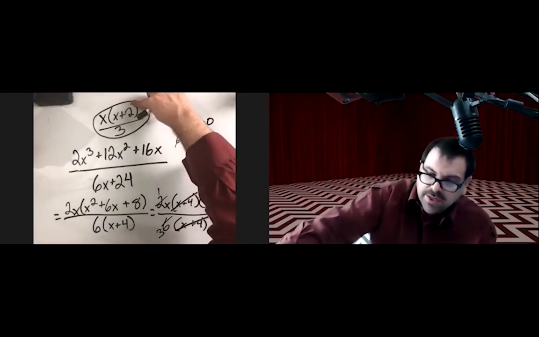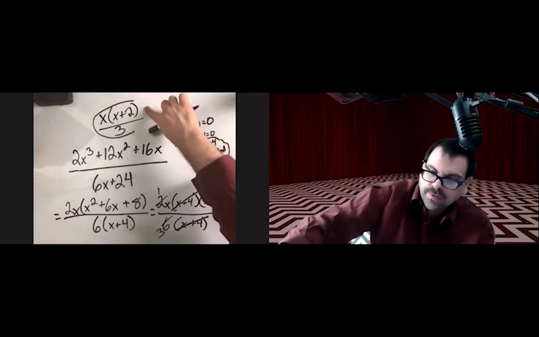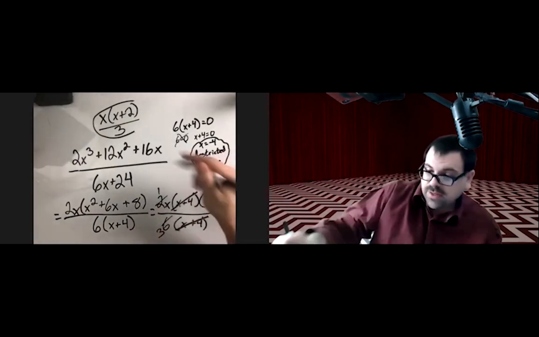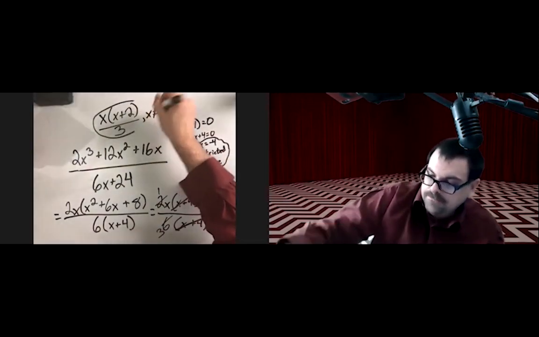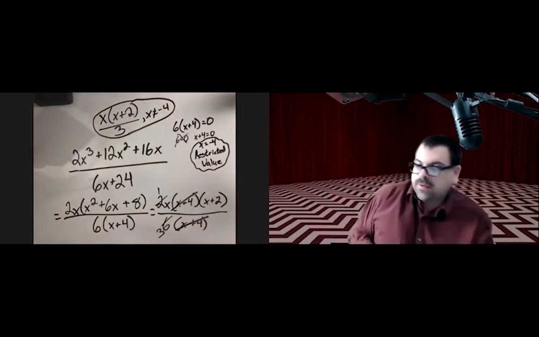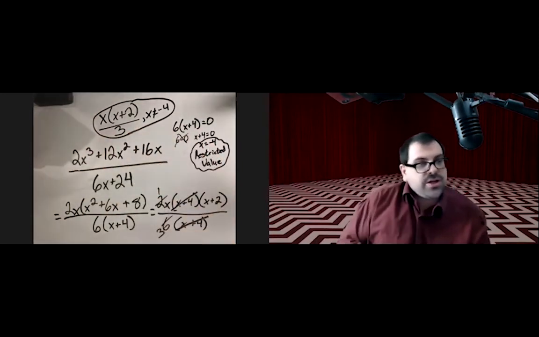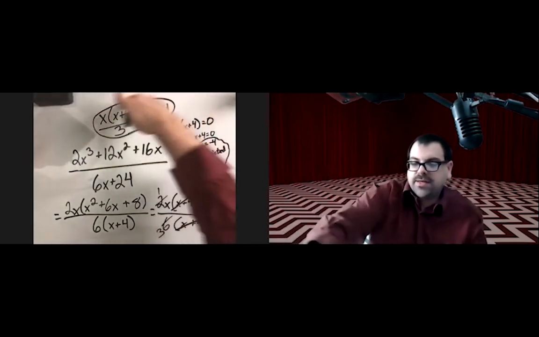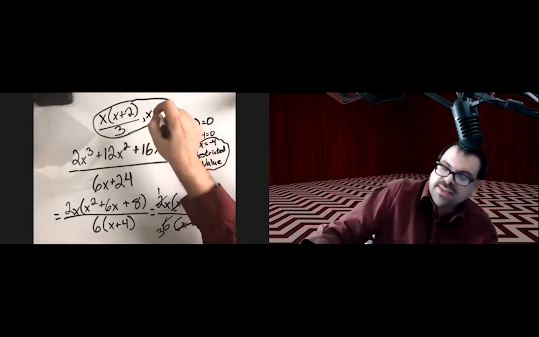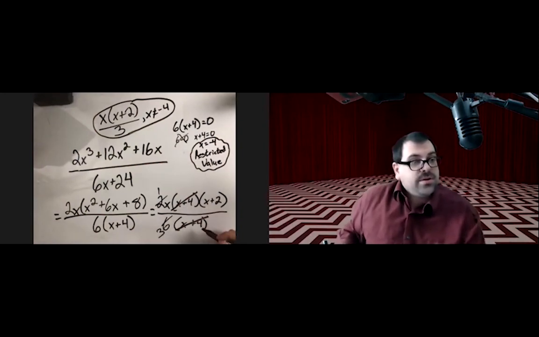But actually, I'm going to uncircle this for a second. There are some restricted values, like this one, that we must name. So the original expression is equal to this, provided that x is not -4. And we explicitly say that because it came from a factor that canceled.